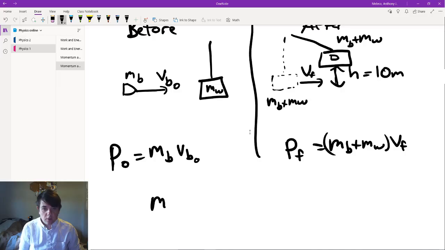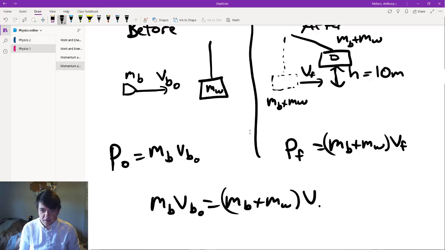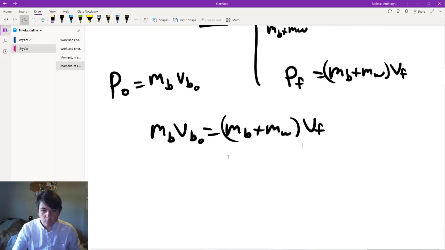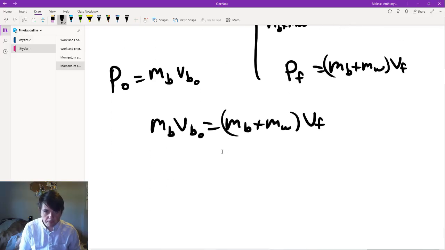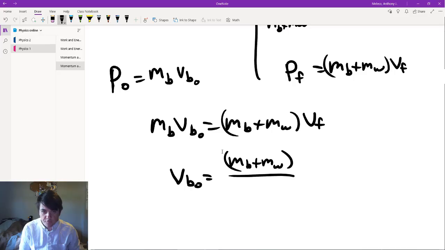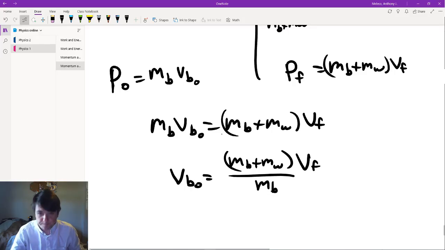So MB VBO equals MB plus MW times V final. So VBO equals MB plus MW over MB times V final.